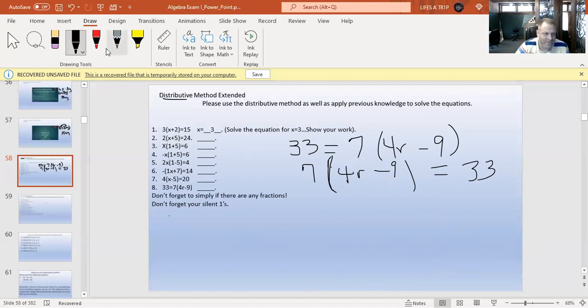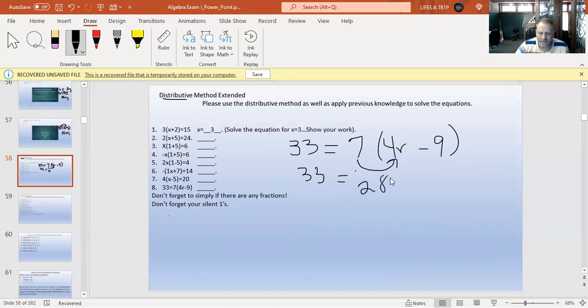It's the same thing, but we're going to get used to doing it how they want to do it. So let's do 33 equals 7 times 4 is 28r. And 7 times minus 9 is minus 63.